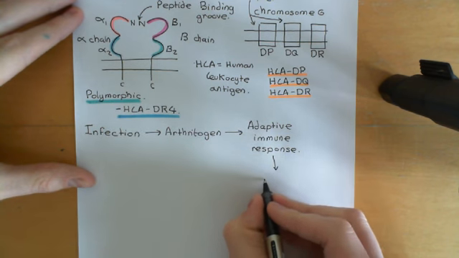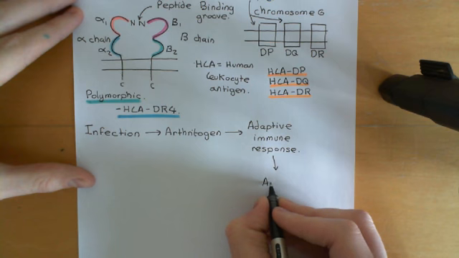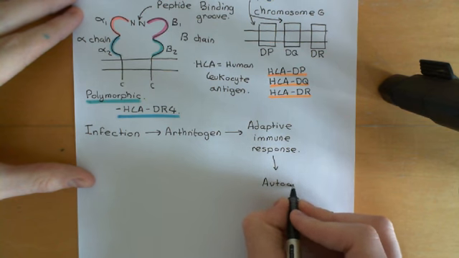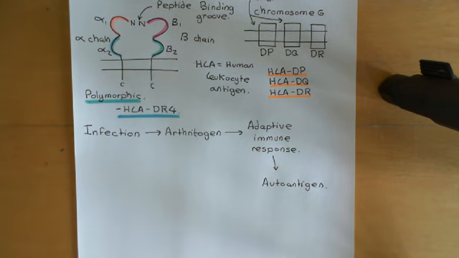So we think that part of the arthritogen is too similar to an autoantigen, an autoantigen that seems to be particularly concentrated in the synovial joints. So we think this is what happens.